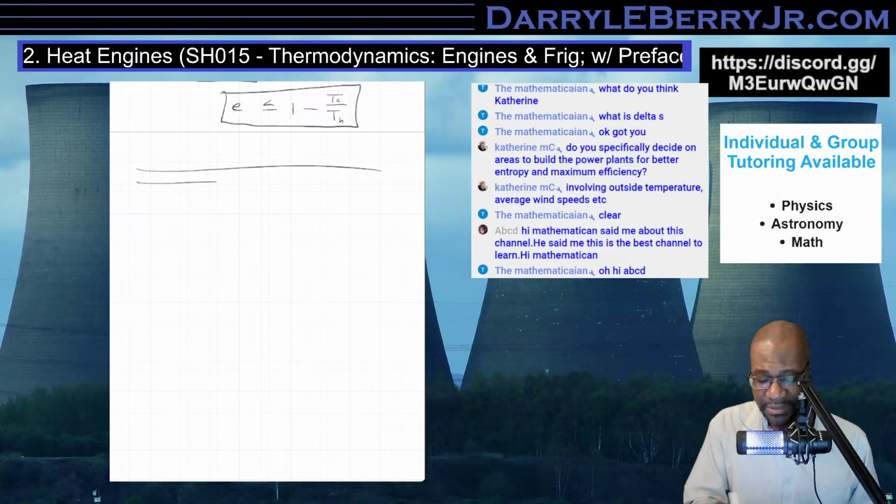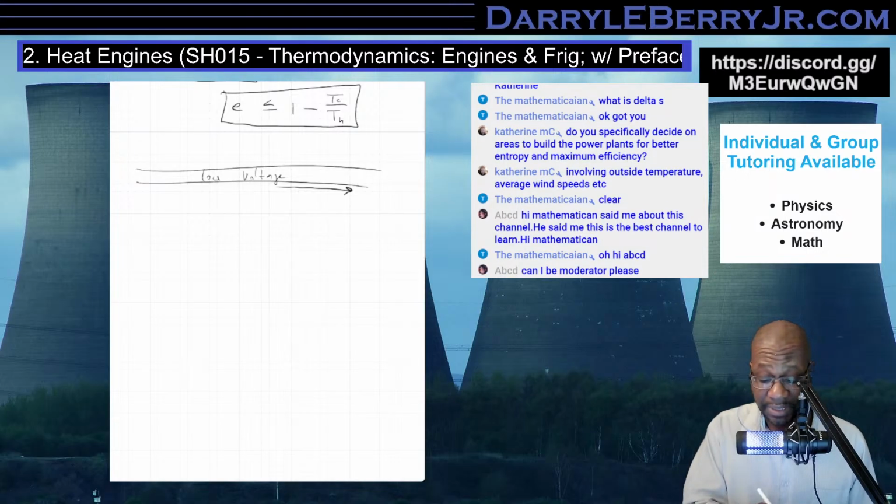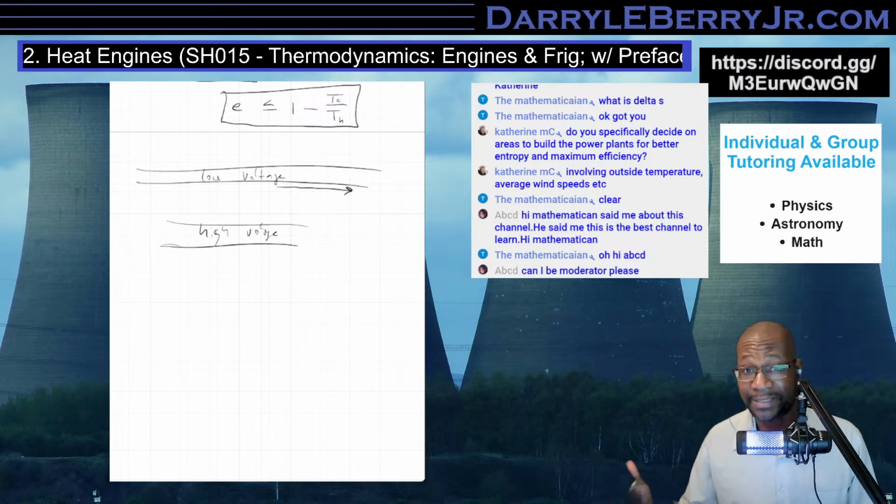So basically, he did something with a low voltage power wire, and he showed that the amount of electricity that can go through is much less than if we have a high voltage wire. So let's say we decided to build all our power plants in Antarctica.